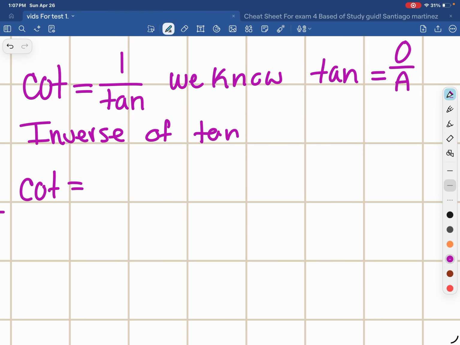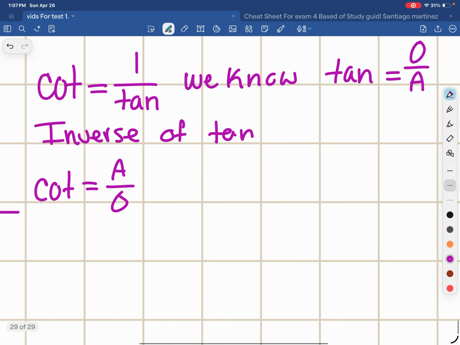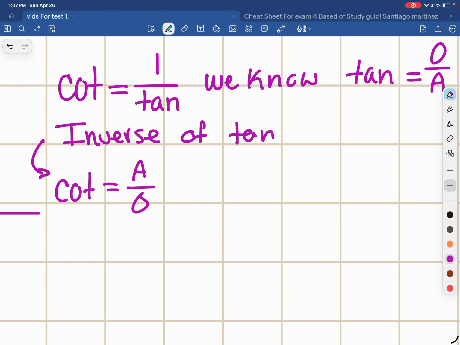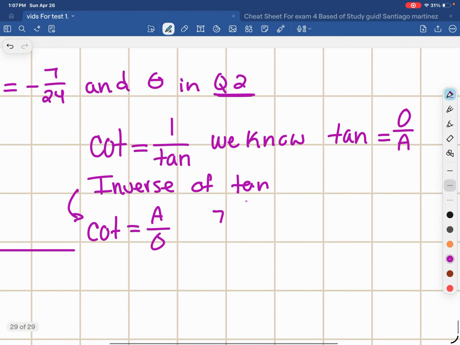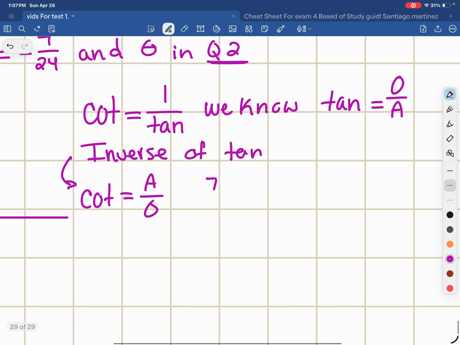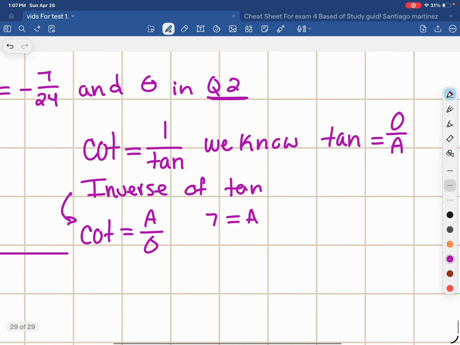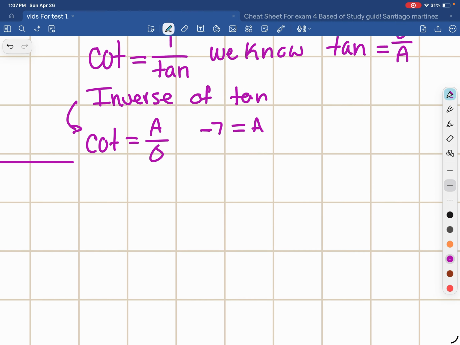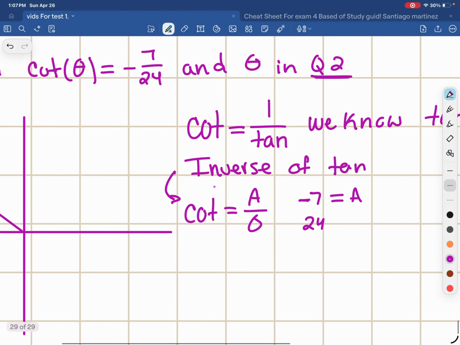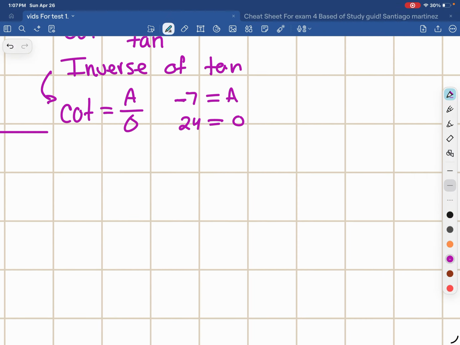For cotangent it's going to be adjacent over opposite. That's a much easier way to look at it, right? So now, knowing that, we know that -7 is going to be A, and we'll assign -7 because that's the proper way to do things, to give the negative to the top value. And 24, or was it 24 or 22? Yep, 24 is opposite. Beautiful.